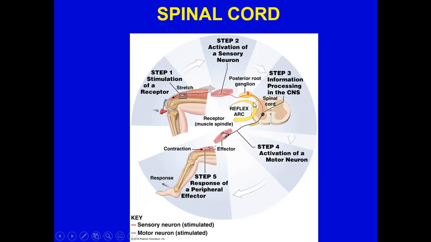Okay? This is all processed in the CNS, in this case, in the spinal cord right there. As a result of the stimulus, you have activated the motor neuron, which will innervate this particular muscle, the quadriceps muscle, and it will cause a contraction, and that causes the response, the kicking upward.